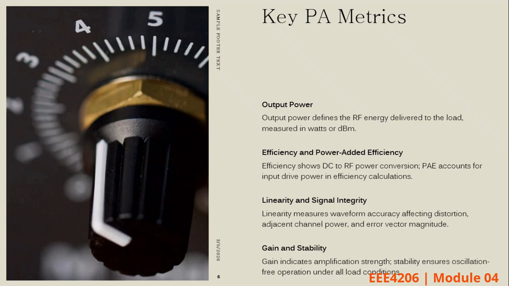Then we have what you call the gain and the stability. When you talk about the gain for any amplifier, you get the input and then boost it. So what you do, you multiply the input with the gain. If, for example, you transmit 1 watt and at the output you need 10 watts, then the gain is 10.